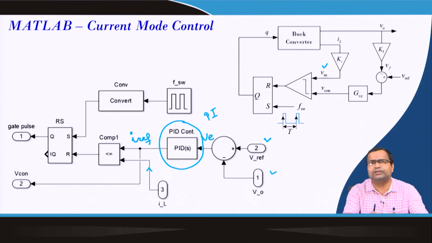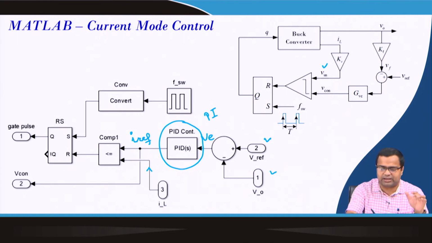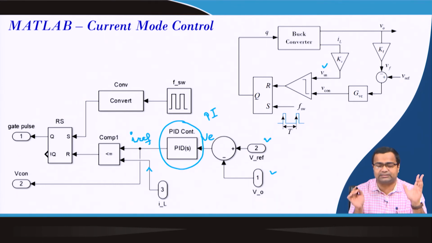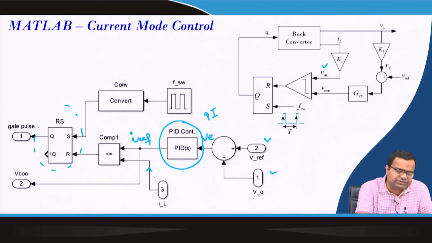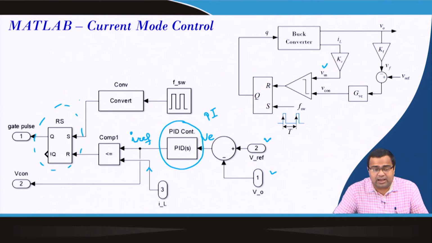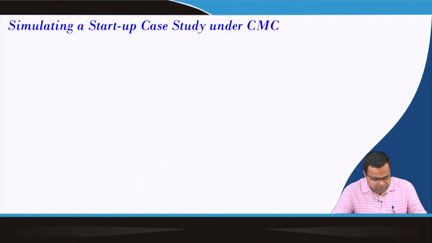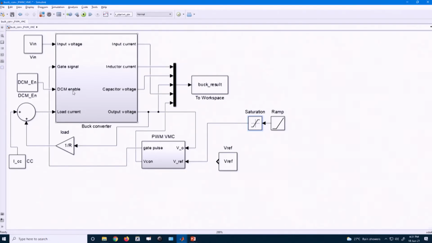So, here I am just showing the basic structure of a current mode control, where the inductor current is directly compared with the reference current, and the reference current is the output of the compensator. And this structure remains the same because it is a trailing edge modulation. Okay. So, I want to show you the current mode control implementation.